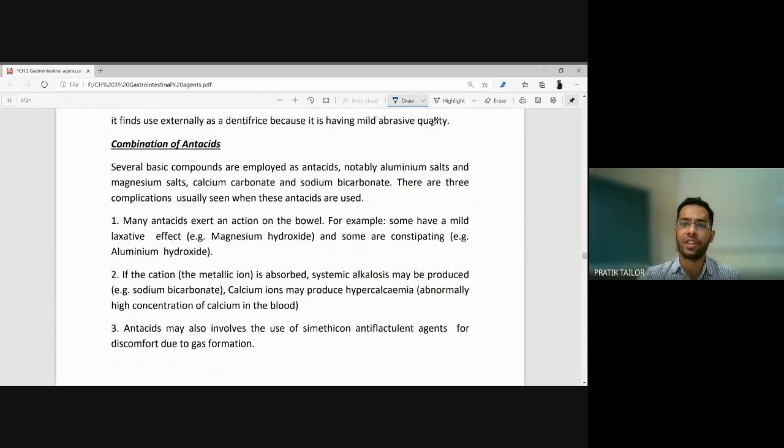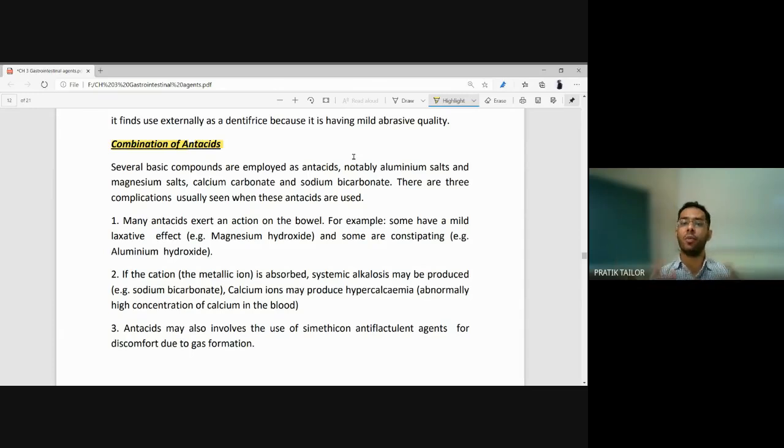Now, one of the topics that we have discussed, combination of antacids. Why do we prepare combinations of antacids? Okay, so one reason is some of the antacids have the side effect of constipation, and some have a laxative effect.